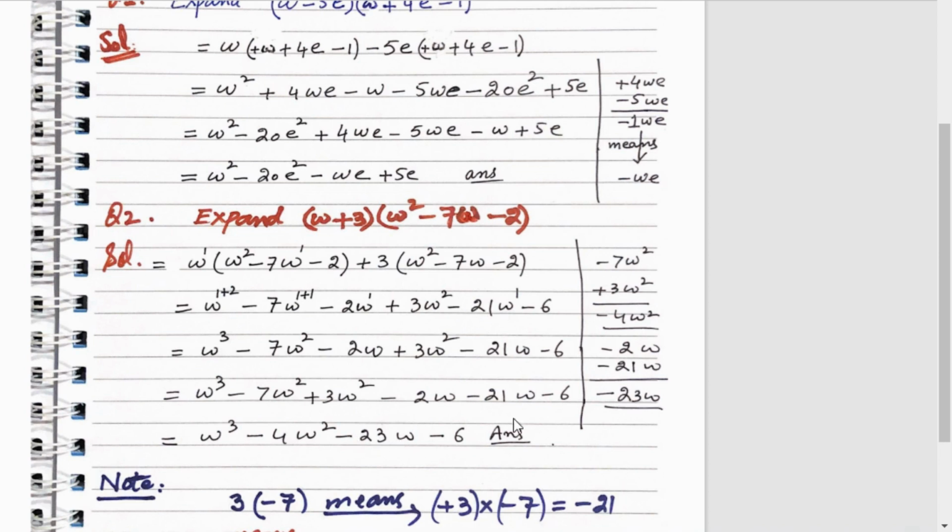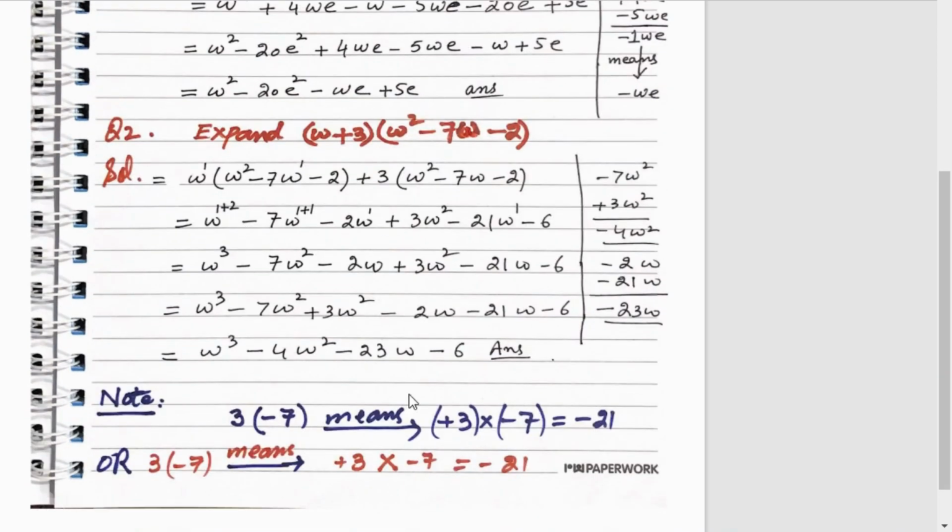It will come over here because this is the simplified form of these two terms. Now minus 6 will come as it is because there is no constant term to be added to this term. This is the simplified form of the given factors.